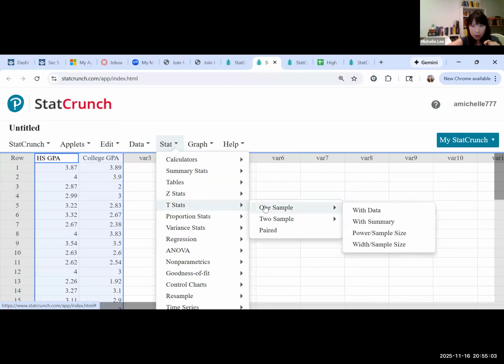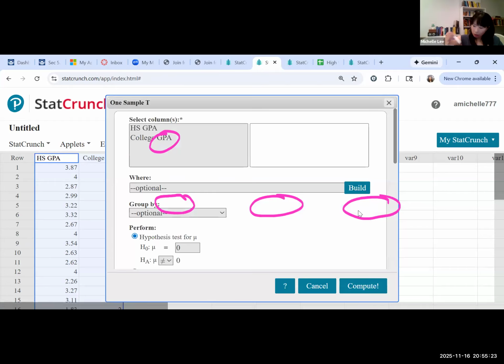T-stats. One sample with data, right? Okay. Let me highlight: Stat, T-stats, one sample with data. Yeah, let's click that. All right.